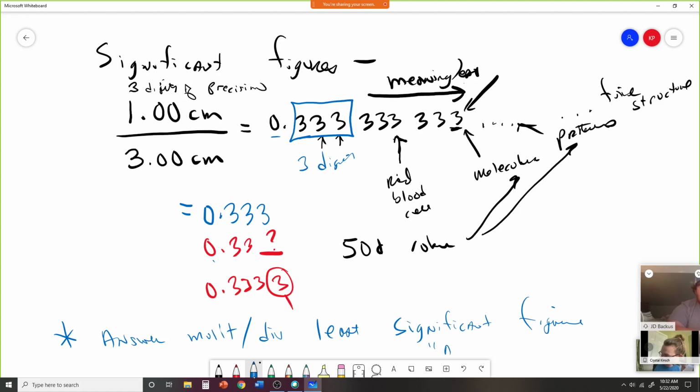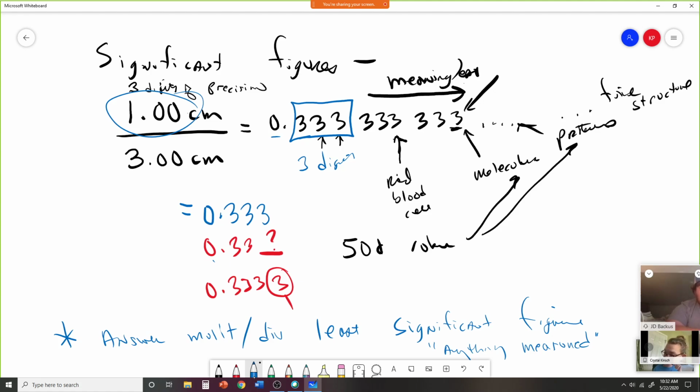Anything measured. If you measure it, it's significant. If you didn't measure it, in other words, you counted it 1, 2, 3, 4, 5, 6, 7, 8, 9, 10, that's not significant. But if you measured it, it's significant. So this whole thing right here, I measured the whole thing, that's 3 SF.